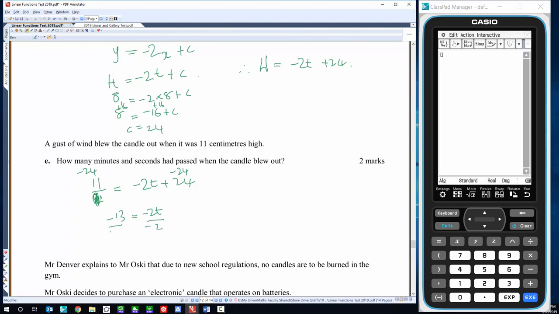Divide by negative 2, divide by negative 2, t equals, negative divided by negative is a positive, 6.5. Okay, so that means 6.5 minutes. So 6 mins, therefore 6 mins and 30 seconds.